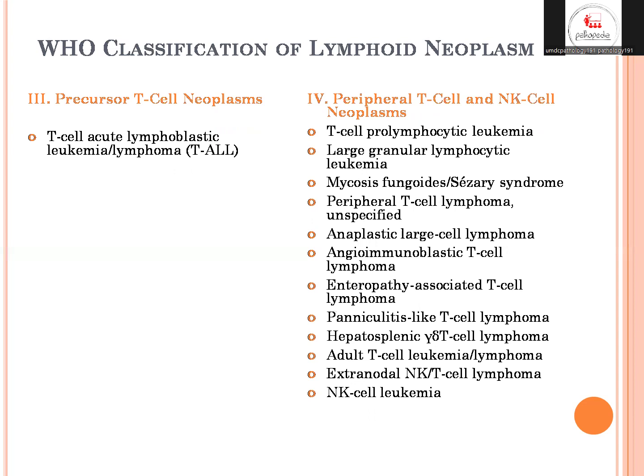And the fourth category is peripheral T cell and natural killer cell neoplasms, which includes T cell prolymphocytic leukemia, large granular lymphocytic leukemia, mycosis fungoides, Sezary syndrome, peripheral T cell lymphoma unspecified, anaplastic large cell lymphoma, angioimmunoblastic T cell lymphoma, enteropathy associated T cell lymphoma, panniculitis like T cell lymphoma, hepatosplenic gamma delta T cell lymphoma, adult T cell leukemia/lymphoma, extranodal natural killer/T cell lymphoma, and natural killer cell leukemia.